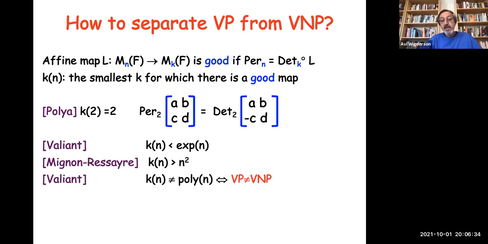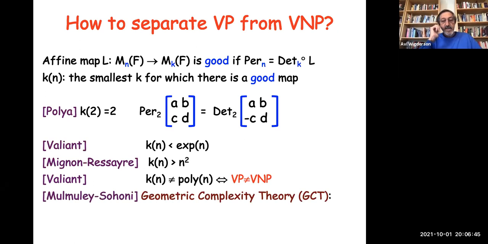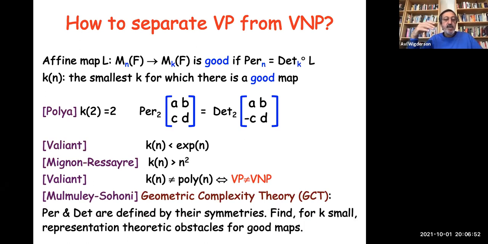Valiant's completeness result, as I mentioned earlier, says that separating VP and VNP is the same question as proving a super-polynomial lower bound on K of n. That's the starting point of the GCT of Mulmuley and Sohoni, which tries to prove such lower bounds by first stressing that the polynomials, permanent and determinant, are extremely friendly in the sense that they have lots of symmetries and in fact are characterized by their symmetries.